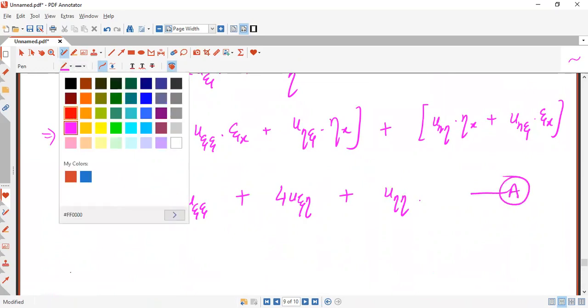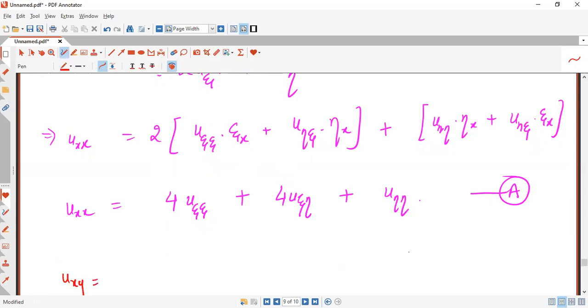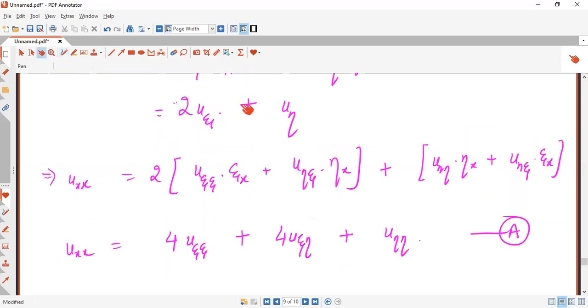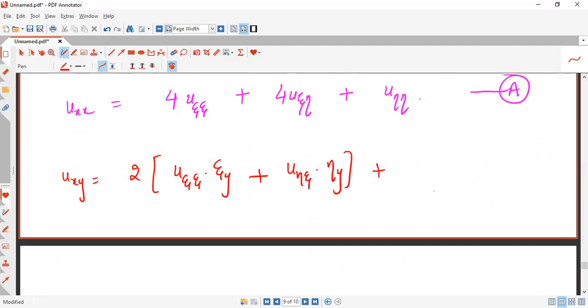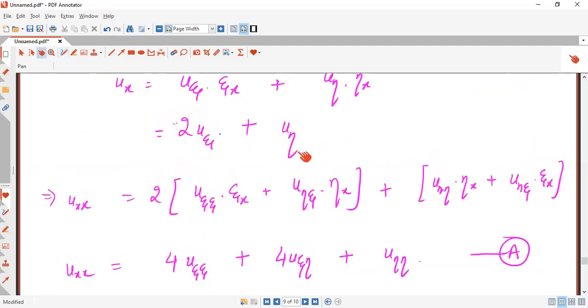Now finding uxy. Ux I have done already, which is this. Now I have to differentiate this with respect to y. If I'm differentiating it with respect to y, I have to go along xi as well as eta, both of the ways. So 2 times u xi will become what? u xi xi into xi y plus u xi eta into eta y, plus next is u eta.